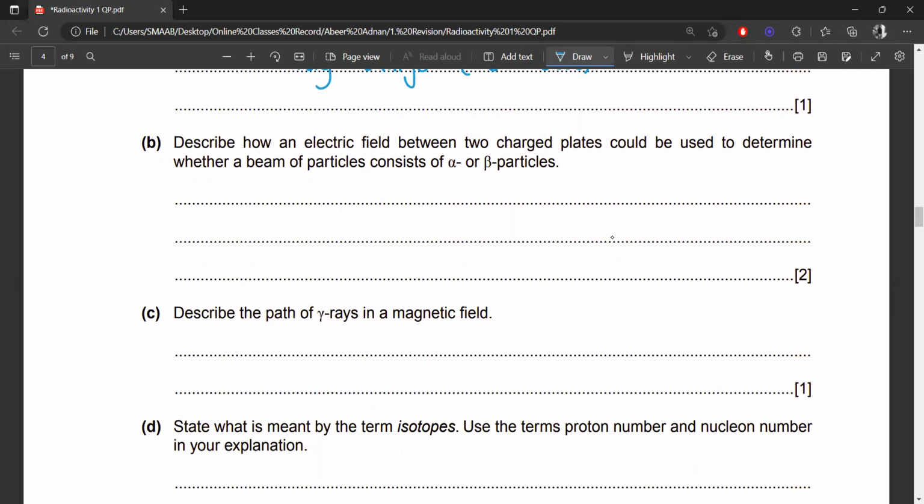Alpha particles will be attracted to the negative side and beta will be attracted to the positive side. Yes. So we can identify with reference to their deflection, because beta will deflect towards positive and with greater deflection, right? So where we are getting greater deflection, there is a beta particle and that plate is positive. And where we are getting a small deflection, that is an alpha particle and that plate is negatively charged, right?